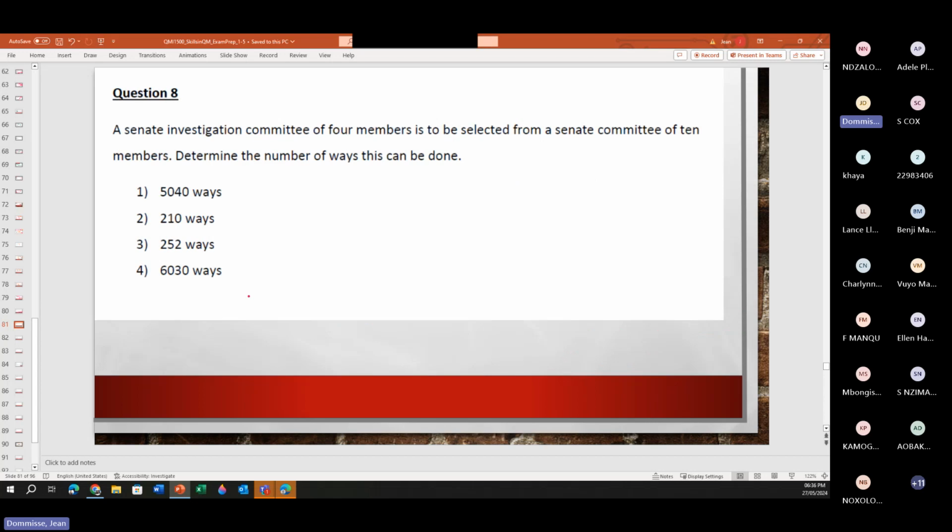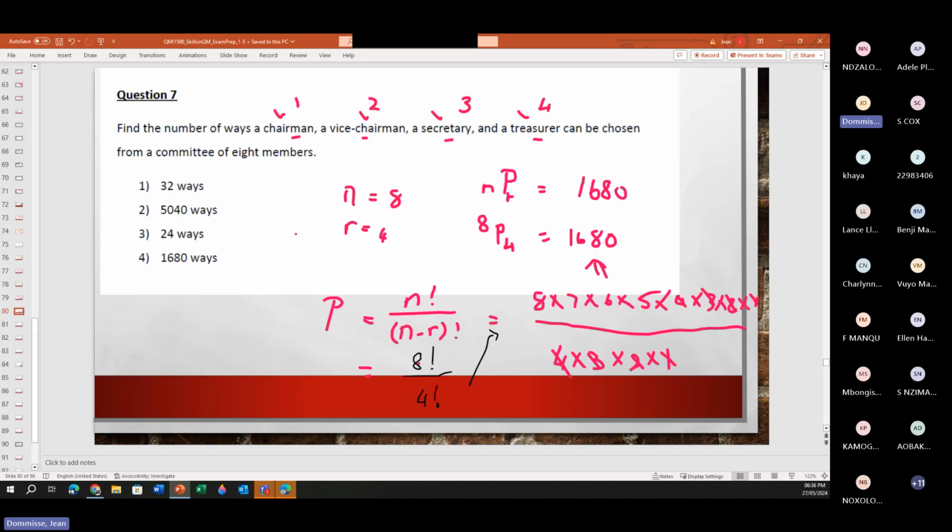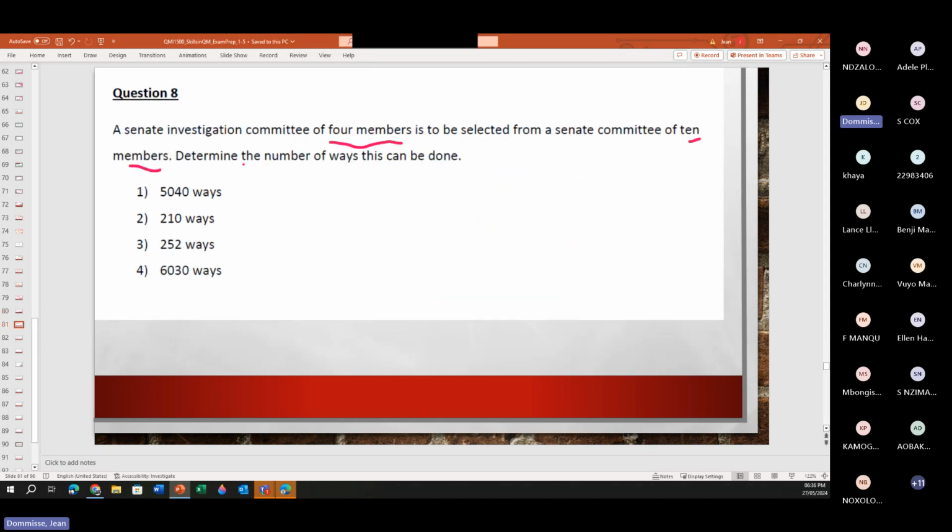Okay, so now let's see this one. A Senate investigation committee of 4 members is selected from a Senate committee of 10 members. I would have loved it if they also said 8, but okay, so 10 members.